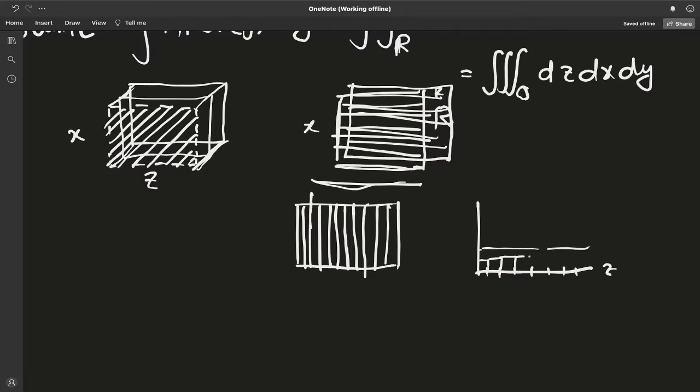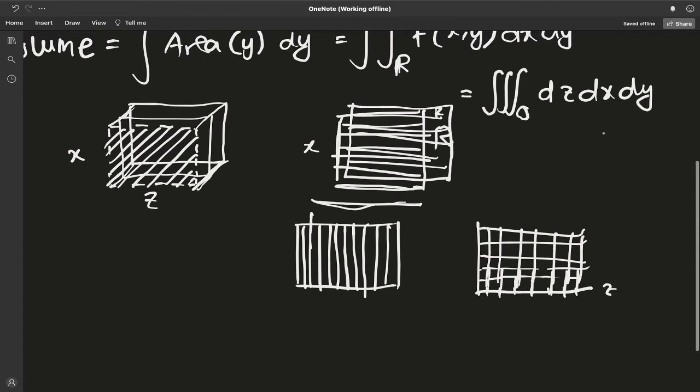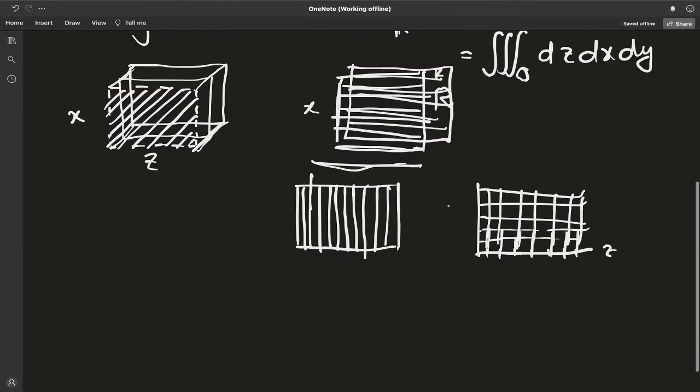So you basically have like a grid here. And then after that, you proceed with your y integral, which will stack them up basically.